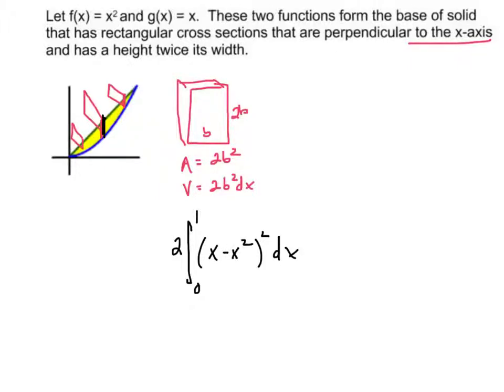And again, be very careful. The biggest mistake with these is the mix-up between revolution, where you have to do the area of a circle minus the area of a circle, and being able to just find the difference between the two functions. The reason here we can just find the difference between the two functions is that difference represents the length of the base.